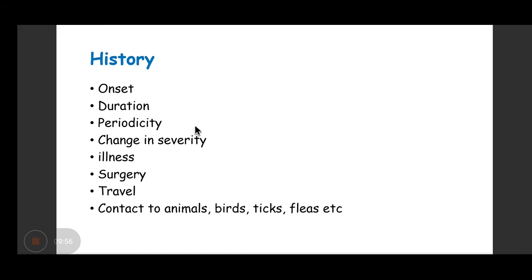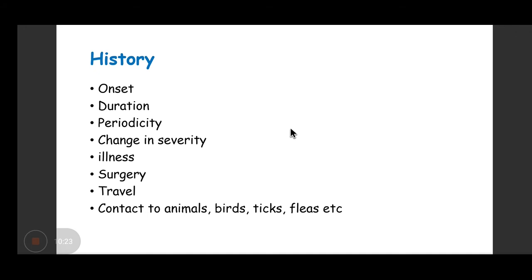Right, periodicity: fever in some diseases has a peculiar pattern. For example, in malaria, periodicity was more important before the use of antibiotics. But still, classically, it is described that in malaria the fever rises every third day or fourth day, depending on the species of the plasmodium.